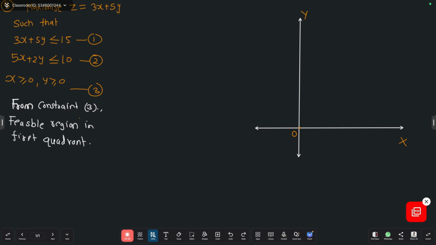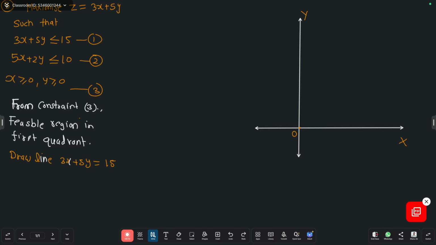X axis, y axis. So firstly we will plot the line 3x plus 5y equals 15. How to draw the line?